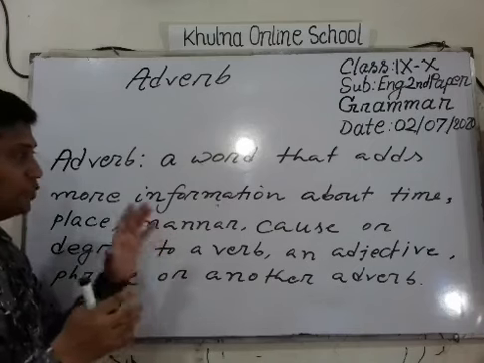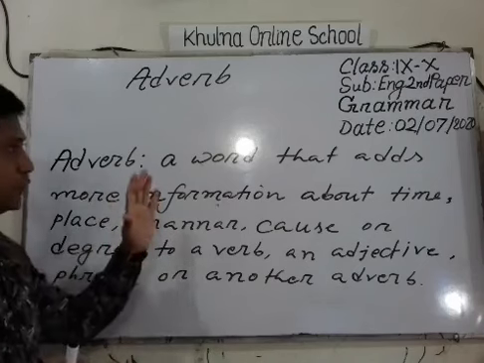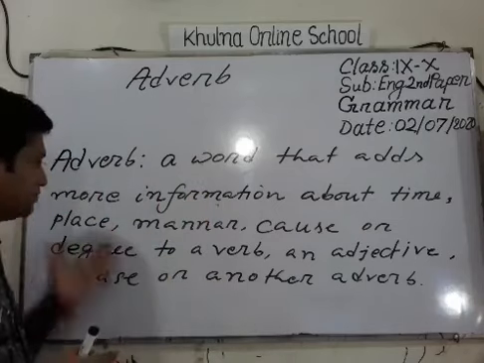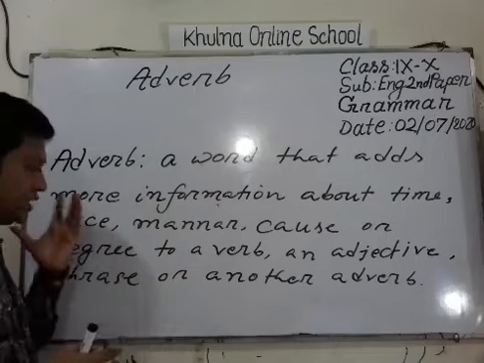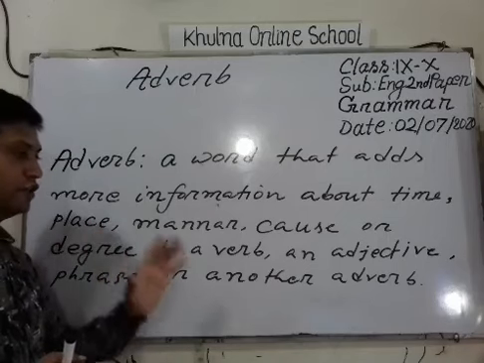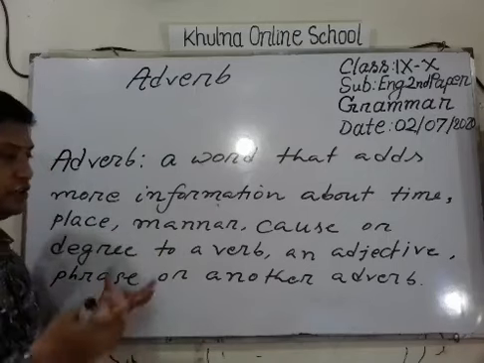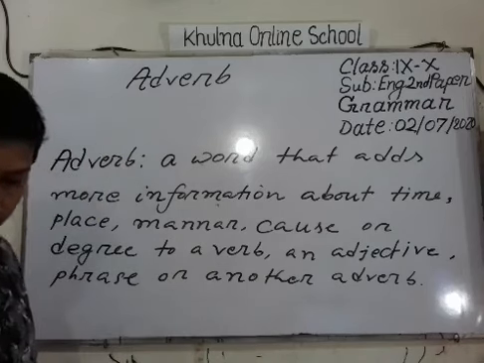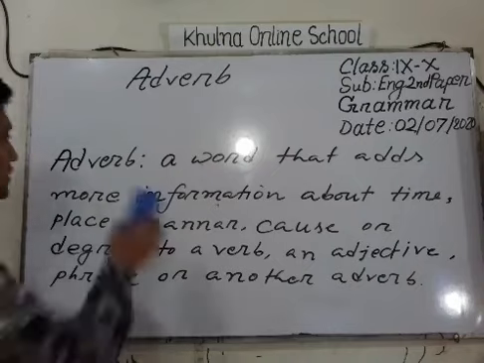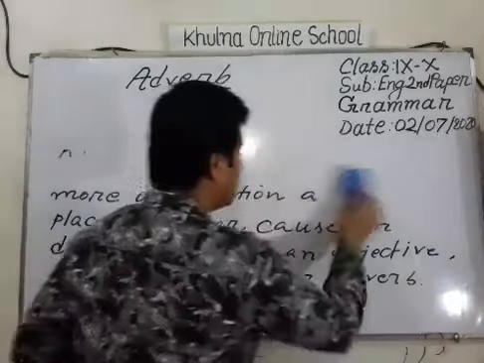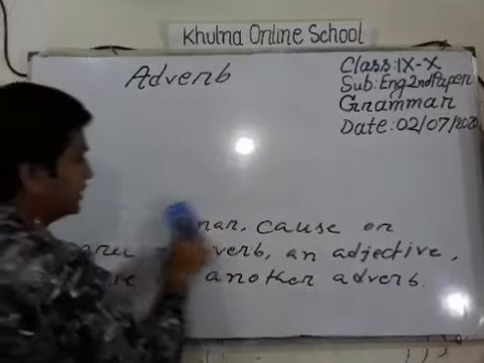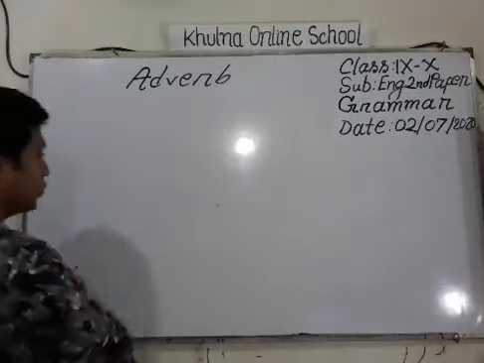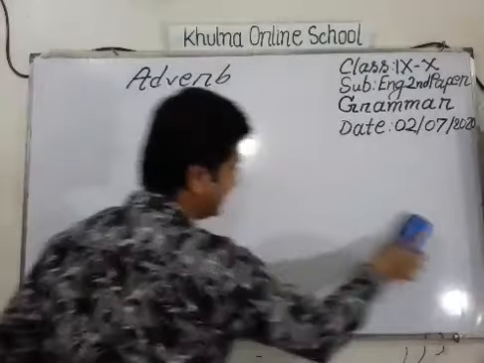So we need adverbs: a word that adds more information about time, place, manner, cause, or degree to a verb, an adjective, a phrase, or another adverb. Okay, I've written this. So dear students, let's learn this adverb more clearly with some example sentences.